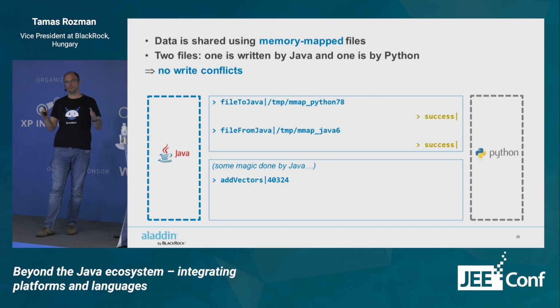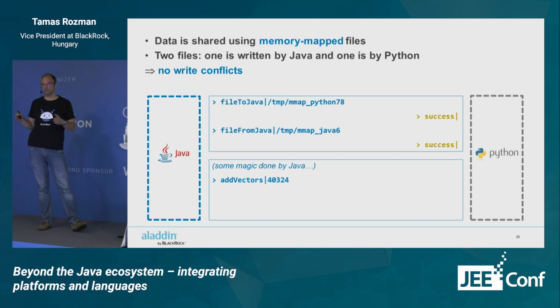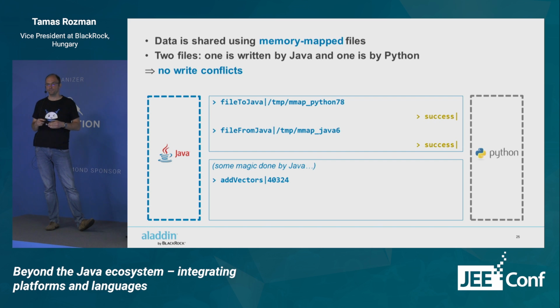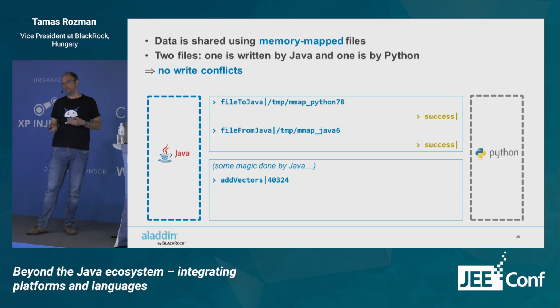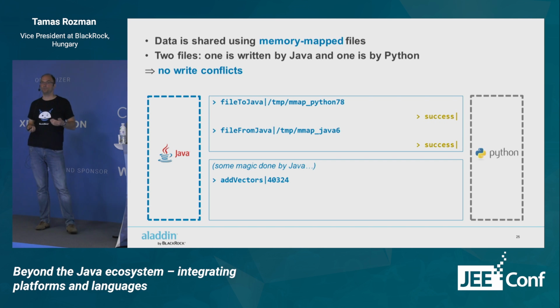After writing this information, we would call Python. We would write add vectors and the length of this binary file to the standard input of Python, so it knows that it needs to read all these numbers from the memory map and add them together.